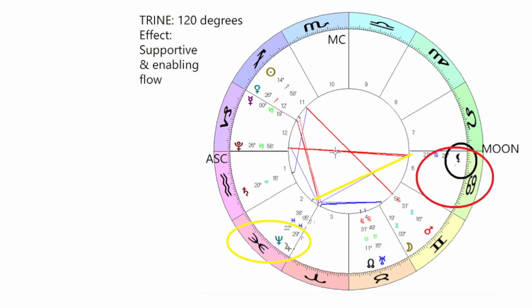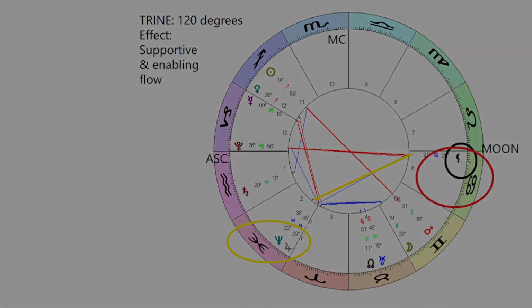So they're supportive. Perhaps they're supported by their mother in this task as well. But I would generally say that this is reflecting the heart of this person to serve humanity, well supported between the moon in Cancer in the sixth and Pisces with Neptune and Jupiter in the second. That is very obvious to me.